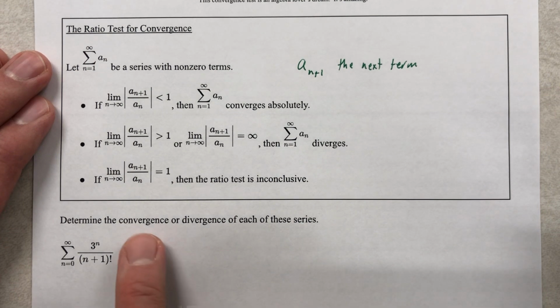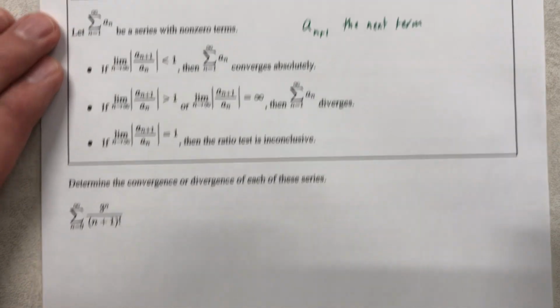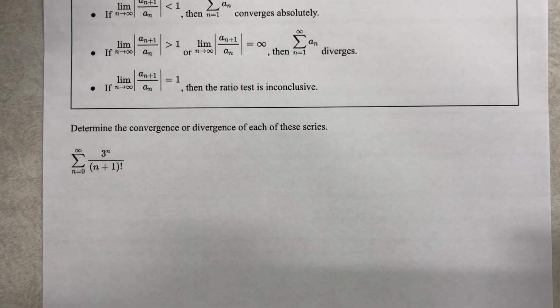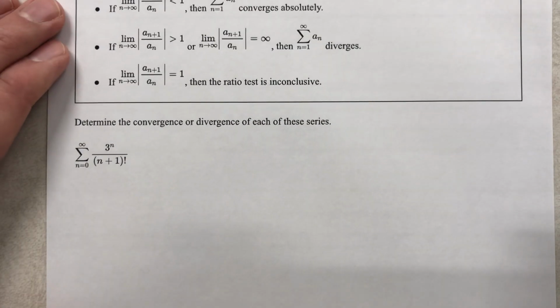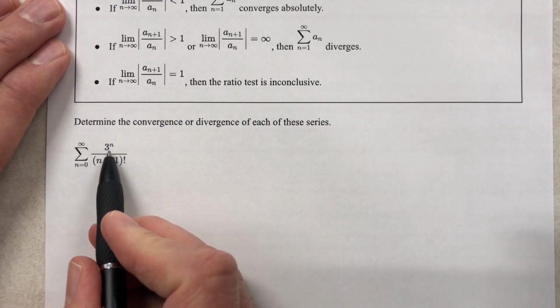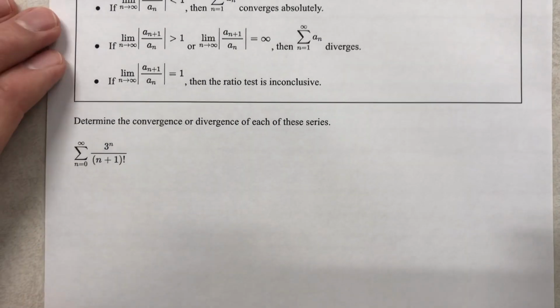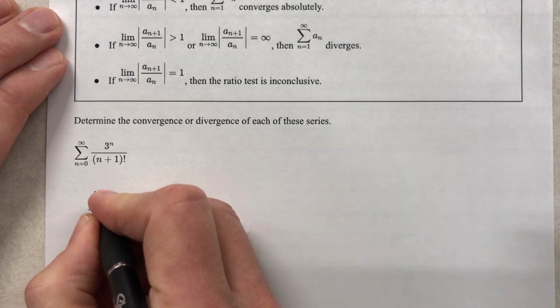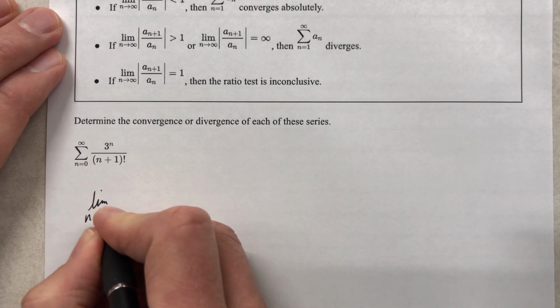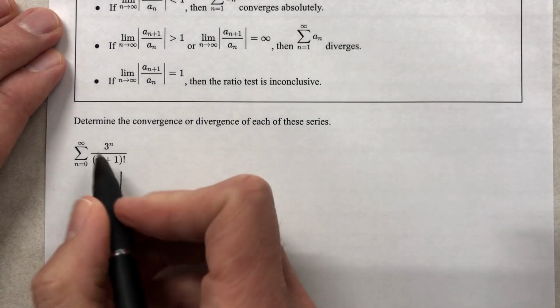So we're going to determine the convergence or divergence of each of these, and we're going to start with this one right here, and it actually starts at 0. So the next term is going to be, well, what happens after n? Oh, no, not O, n plus 1. So we need the limit as n approaches infinity of the next term.